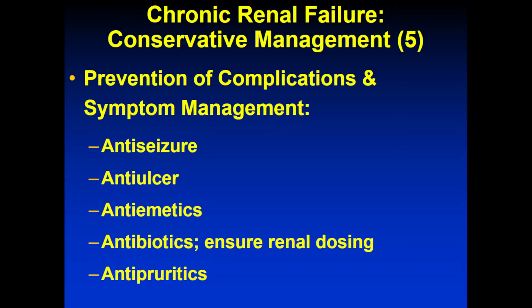How to prevent the complications and to manage the symptoms? We can use anti-seizure drugs, anti-ulcer drugs, antiemetics, antibiotics in the presence of some infection with ensuring of the renal dosing, and antipruritics.